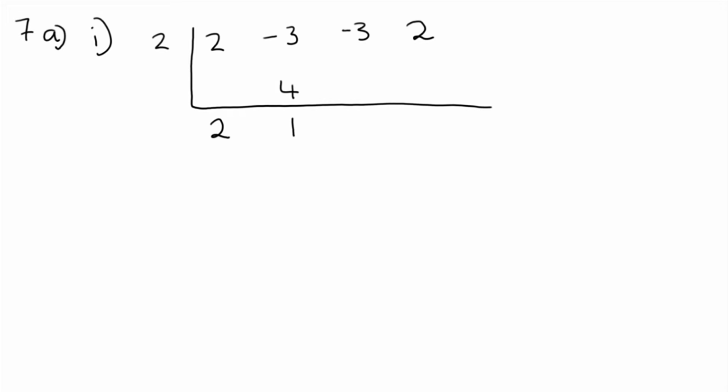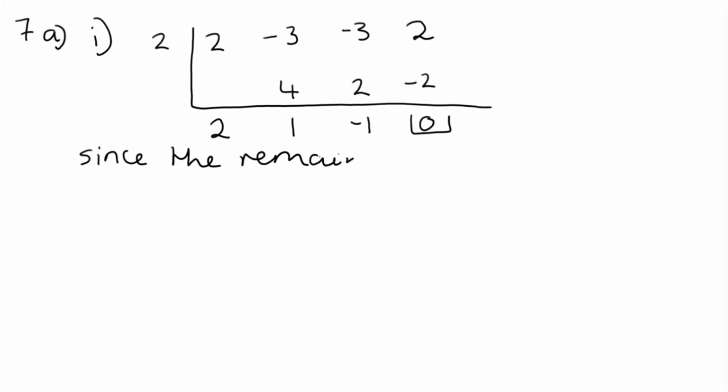Add, we get 1. 1 times 2 is 2. Add, negative 3 plus 2 gives us negative 1. Negative 1 times 2 is negative 2. And add, we get 0. Okay, and you can just say, since the remainder is 0, x minus 2 is a factor.